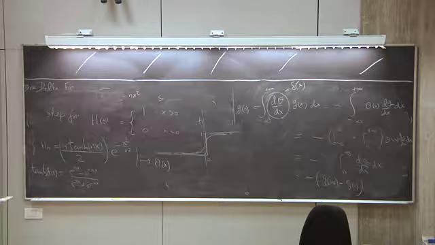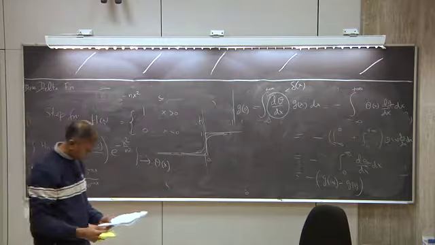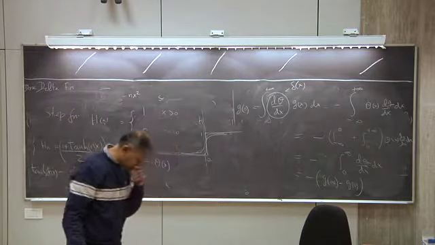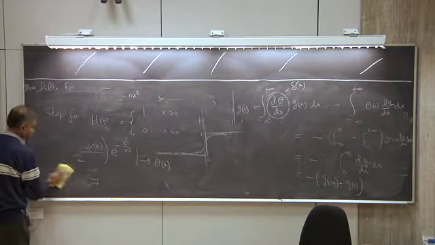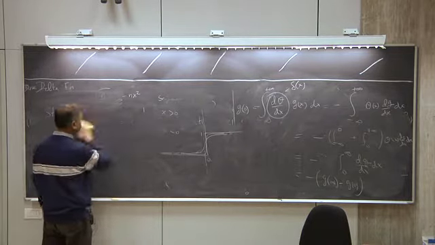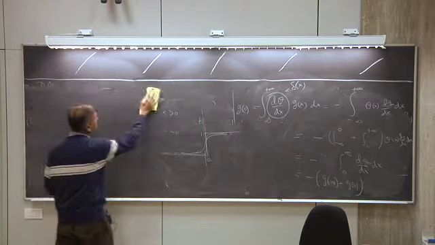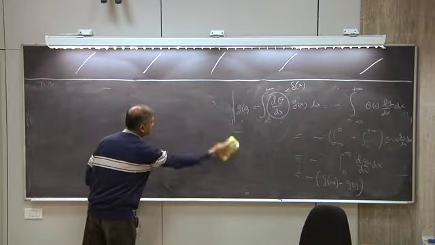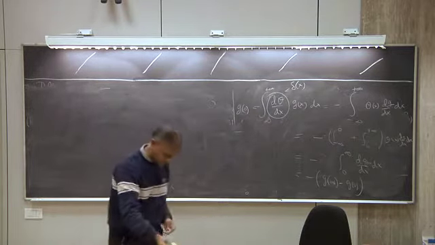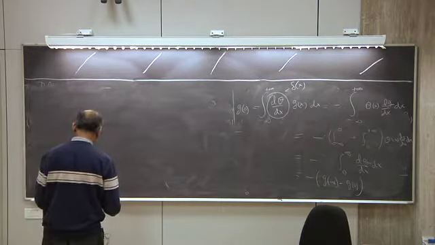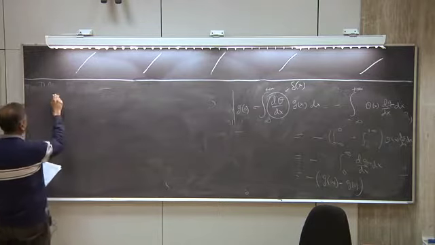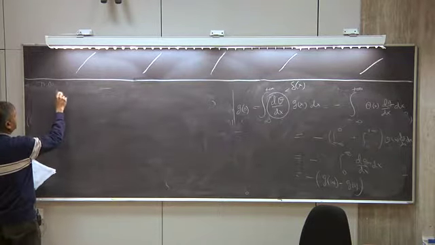The last point is the Fourier transform. So we want to find the Fourier transform of the delta function.